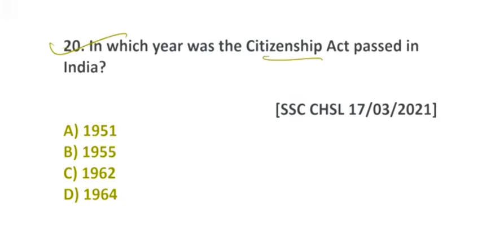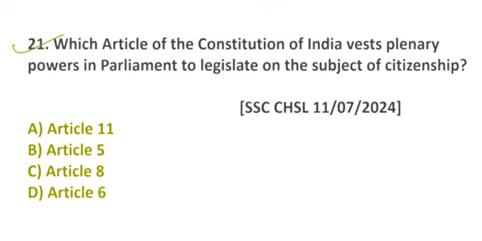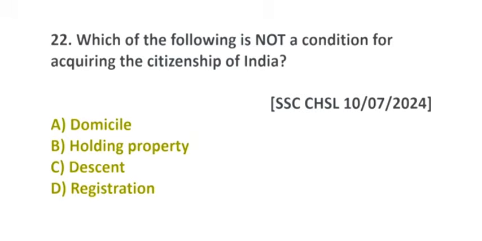In which year was the Citizenship Act passed in India? Option number B, 1955. 21. Which article of the Indian Constitution vests plenary powers in the Parliament to legislate on the subject of citizenship? Option number A, Article 11.